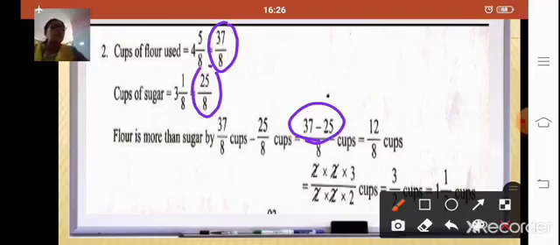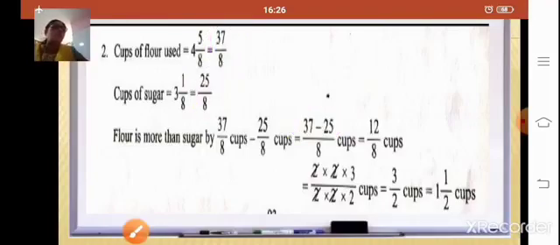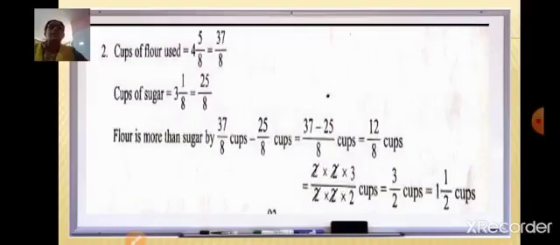Then the prime factors of 12 and of 8 are taken, and the common factors are cancelled. That will give you 3/2. Now 3/2 is an improper fraction, so converted into a mixed fraction, you will get the answer 1 whole 1/2.